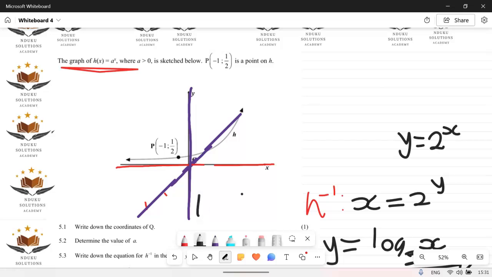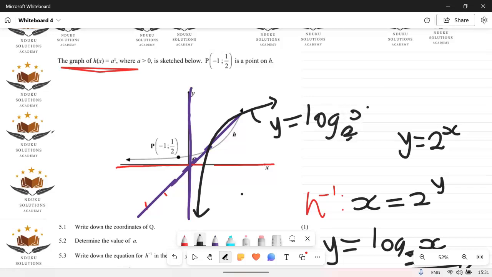I'll have a graph of this nature, since this one will actually go up. This is as accurate as I could be. Then this will be our y is equal to log base 2 of x. Remember, we also found that equation.